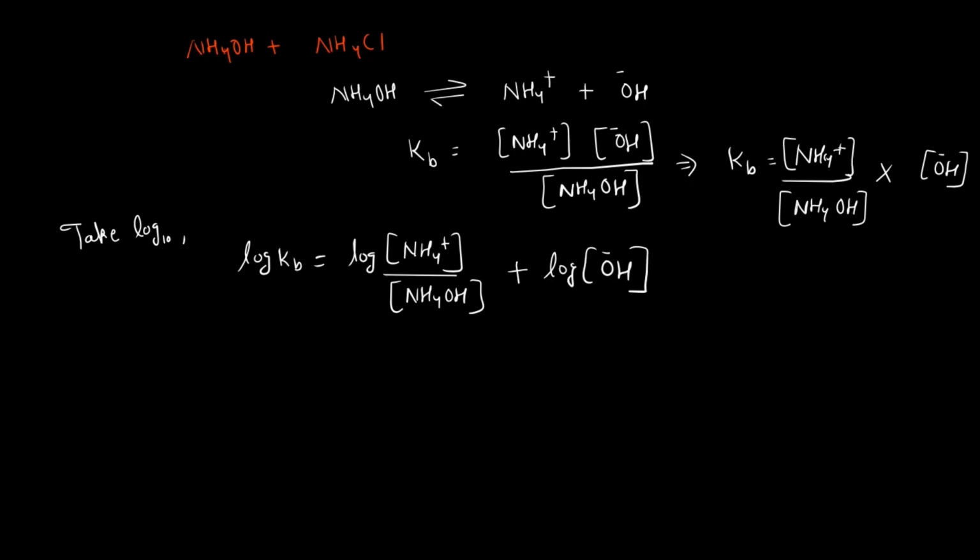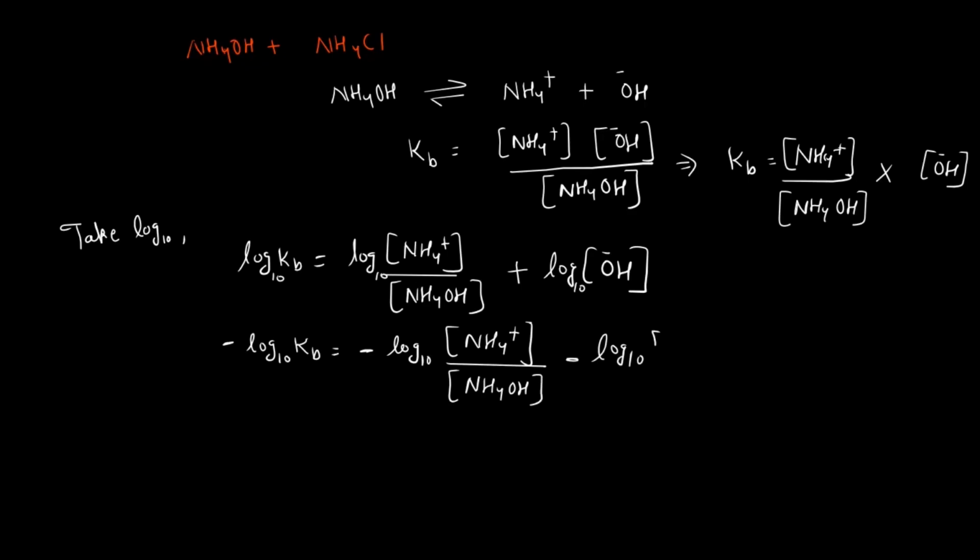Now if we multiply by a minus sign on both sides, we get minus log to the base 10 Kb equals minus log to the base 10 of ammonium ion concentration over concentration of ammonium hydroxide, minus log to the base 10 of OH- ion concentration.